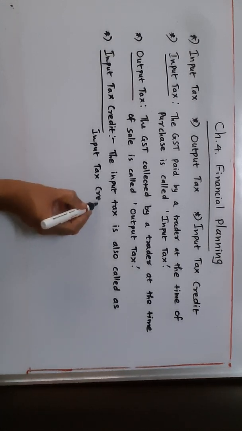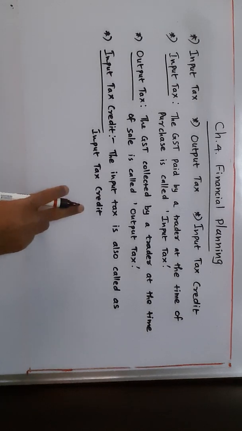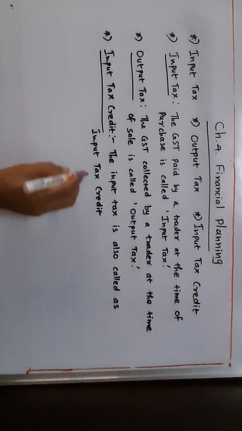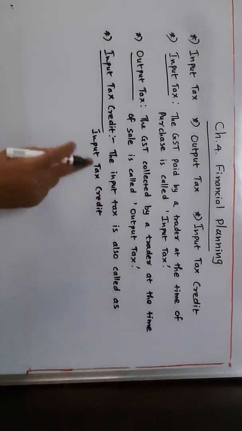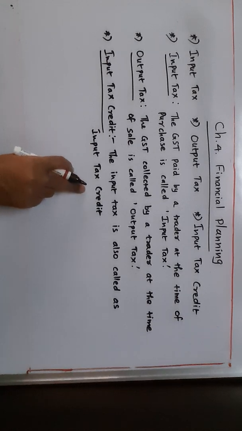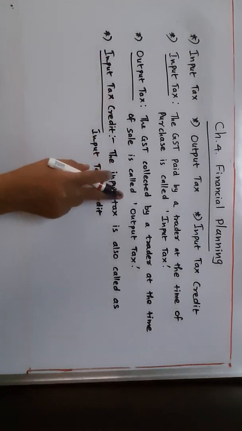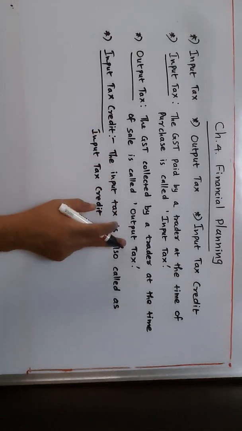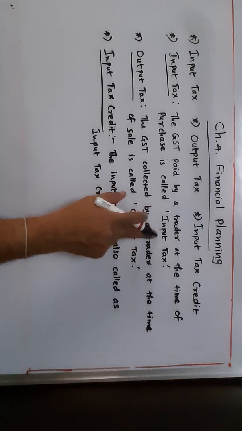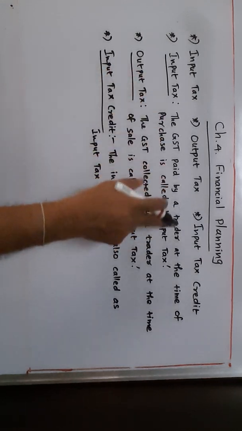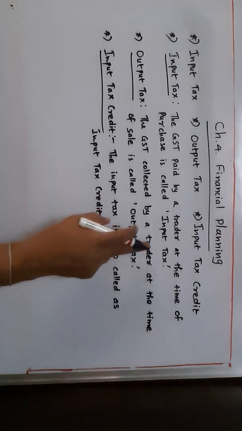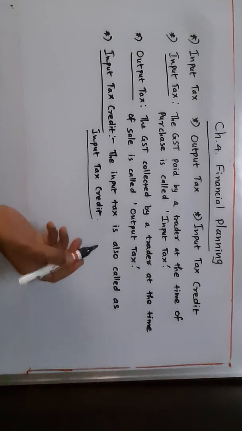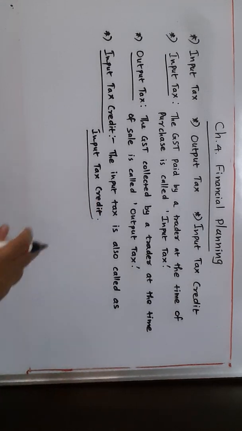Normally, the trader will have to subtract this input tax credit from the output tax when he pays GST to the government. Whatever tax he collects from the customer when he sells the goods is called output tax. From this output tax, whatever tax he has already paid at the time of purchase of the goods, he will subtract it. That is why this input tax becomes input tax credit for him. So it is a credited amount for him to be subtracted when he pays GST to the government.